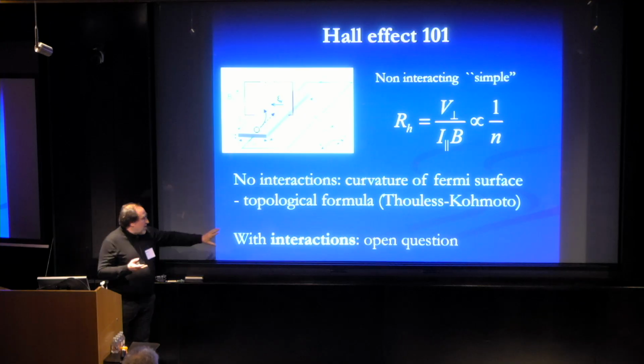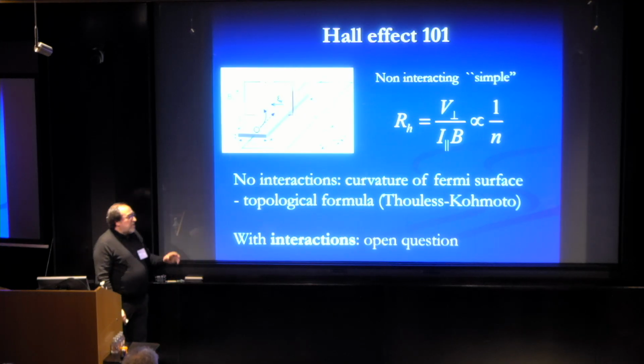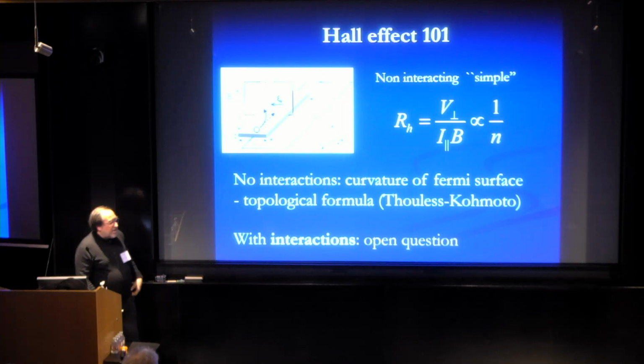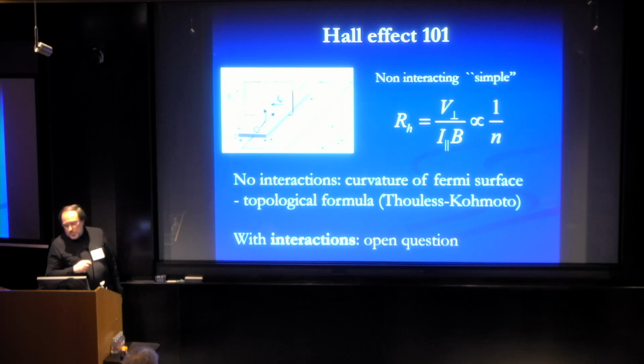And this is something where there are conferences, in KITP in particular, where there is blood on the wall when people discuss the interpretation of the Hall effect, and I will certainly not do this.